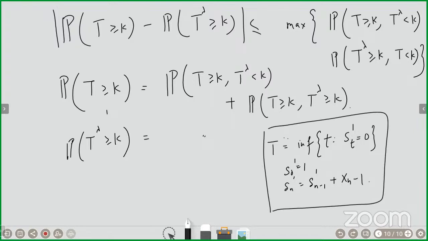Now, let's suppose I only want to control one of these. The second one is symmetric. When T is greater than K, but T lambda is less than K, what has to happen for this?